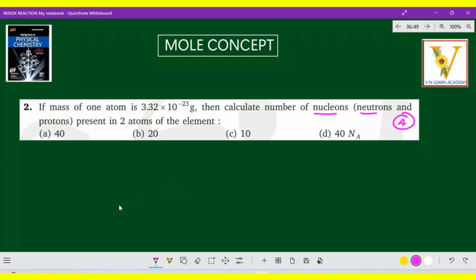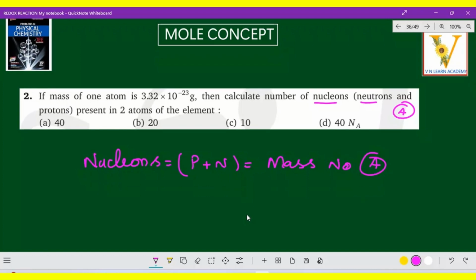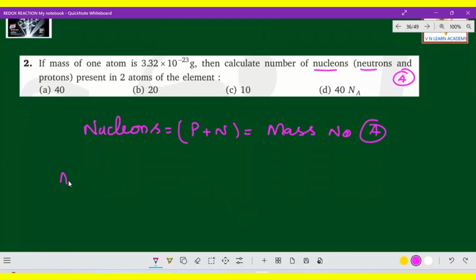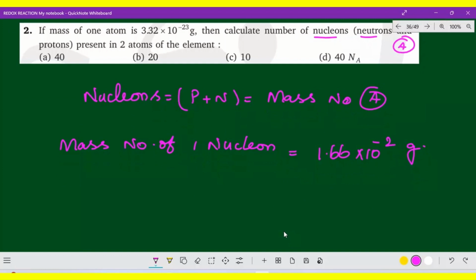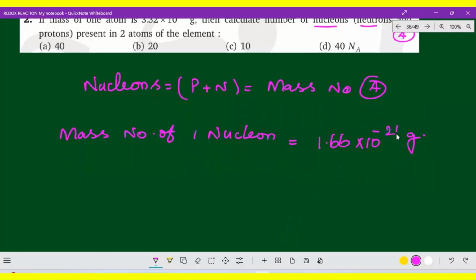So nucleons equal to protons plus neutrons, also known as mass number, that is A. Now the mass of one nucleon is generally 1.66 into 10 to the power of minus 24 grams. So this is a general statement.